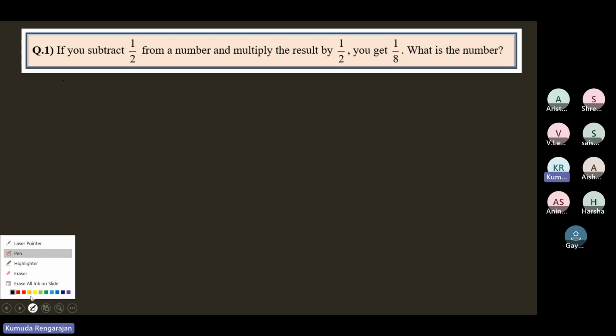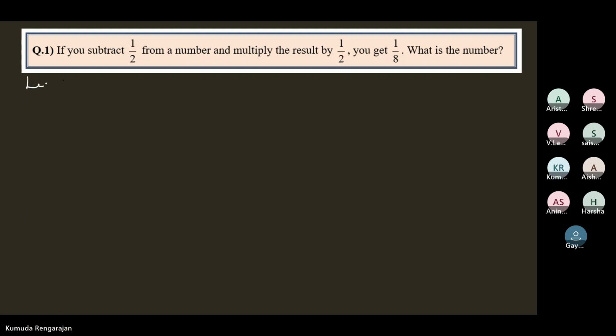Let the number be x. If you subtract half and multiply the result, this is only the result. If you multiply this result by 1 by 2, you get 1 by 8. What is the number?